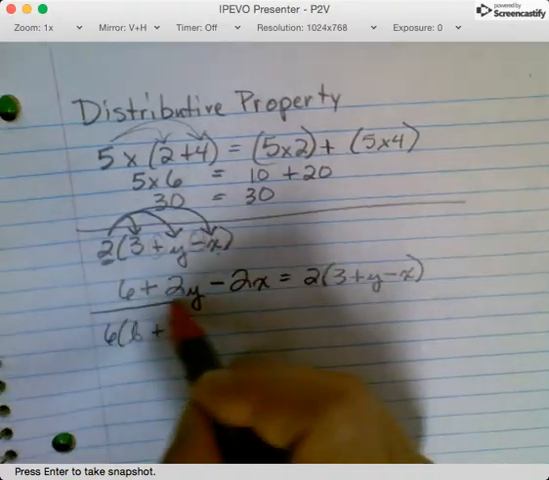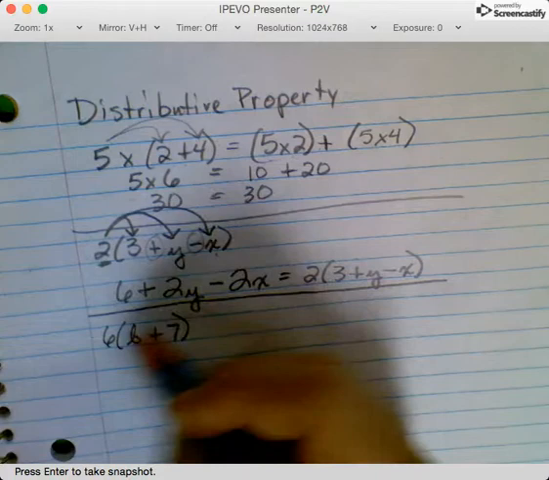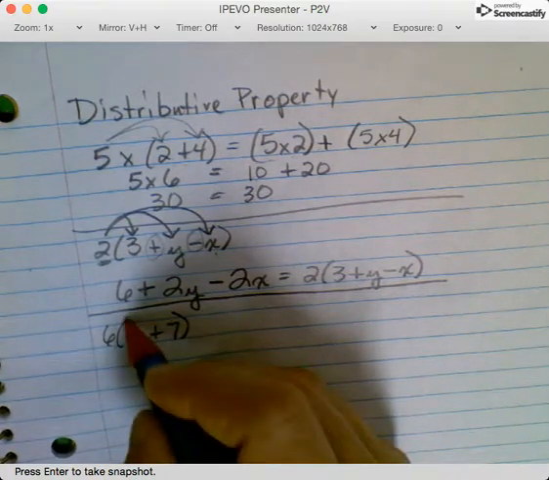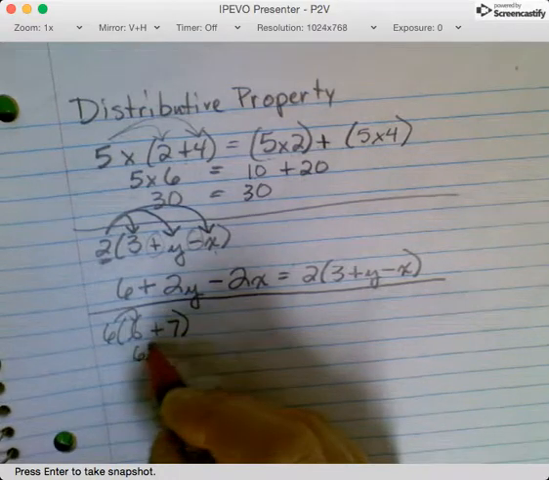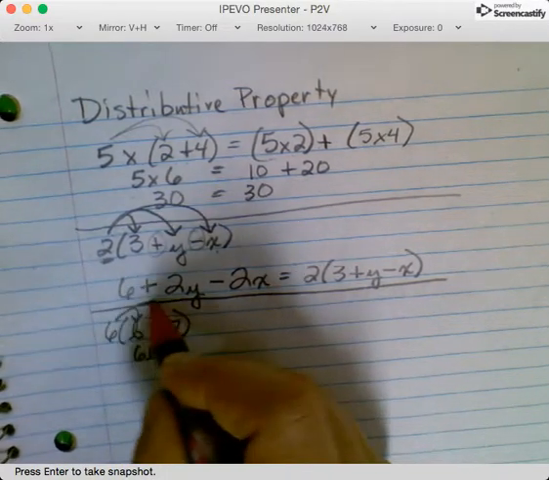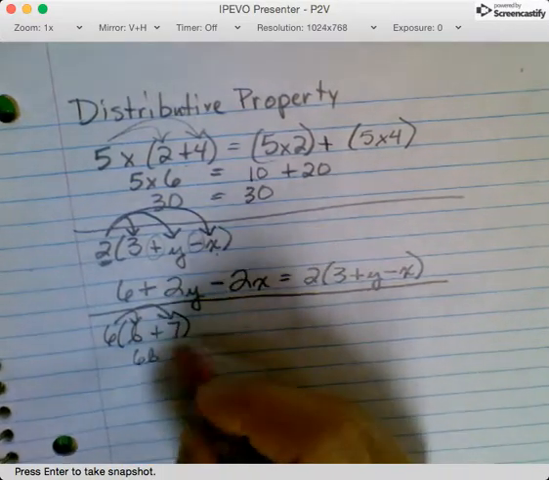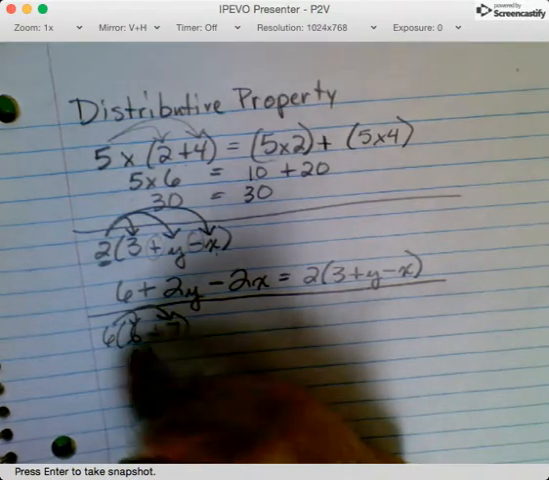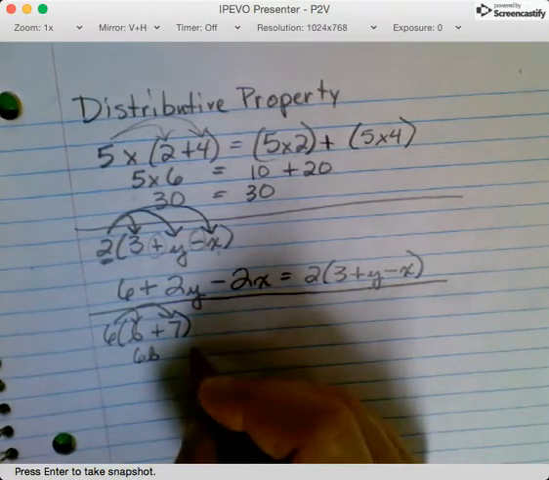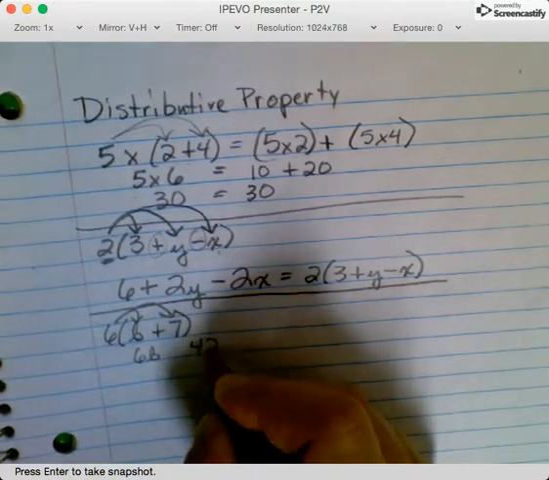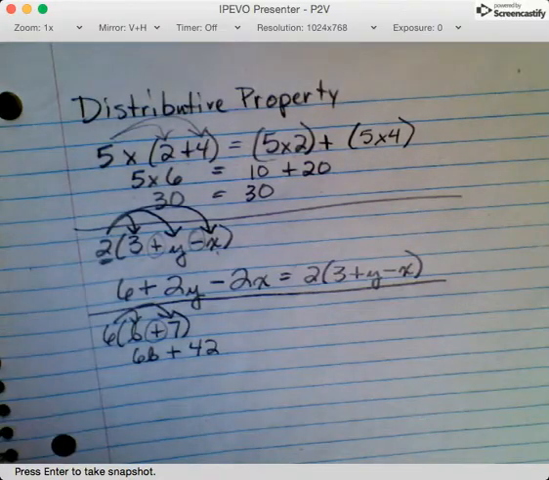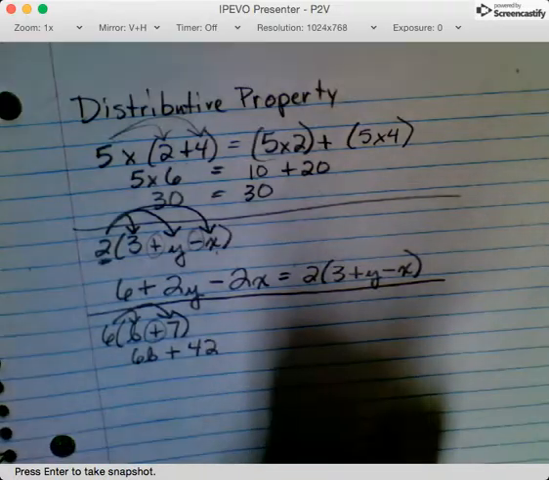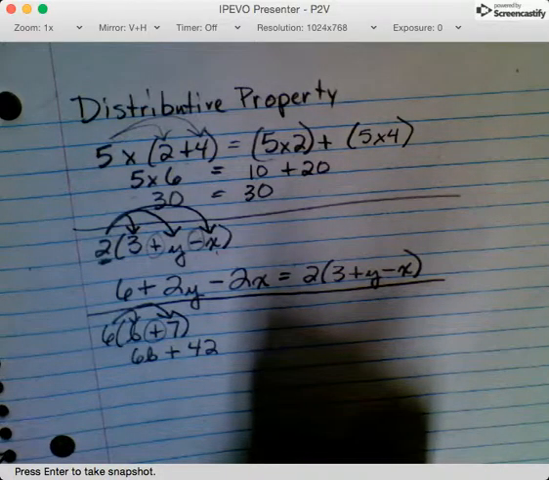So in order to write that a different way, I would take my b times my 6, which is the same thing as 6b, and my 6 times my 7, which is 42, and then my sign in the middle stays the same. So that is 6b plus 42.